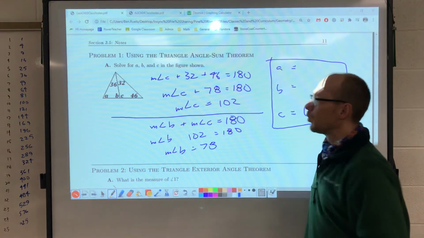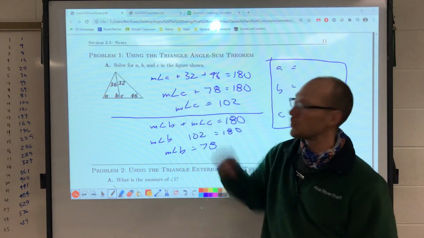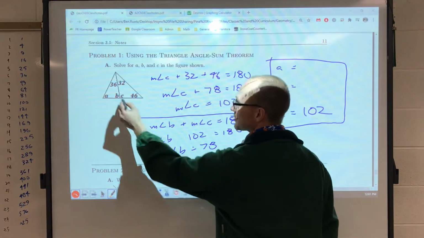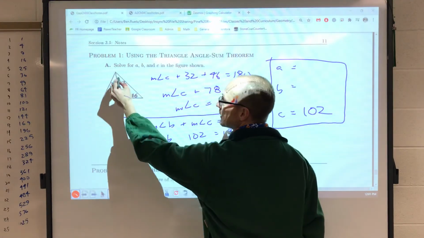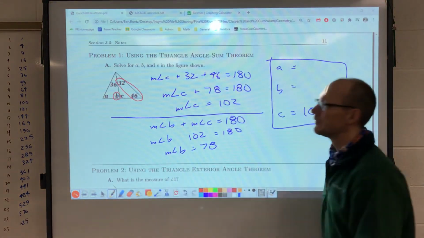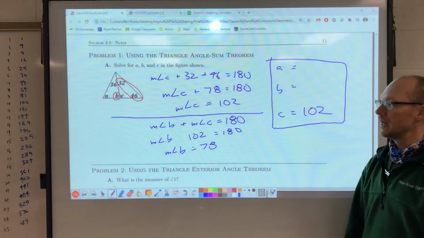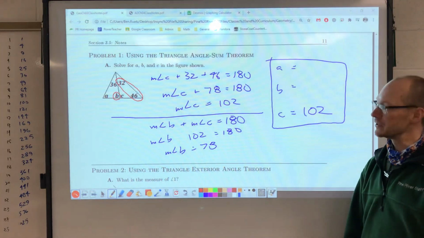Wait a minute, 78. Wasn't that 32 plus 46? Yeah, because of that theorem we just learned, right? That theorem said that B is going to equal the sum of those 2, right? So we can see how that actually plays out right here in this case.